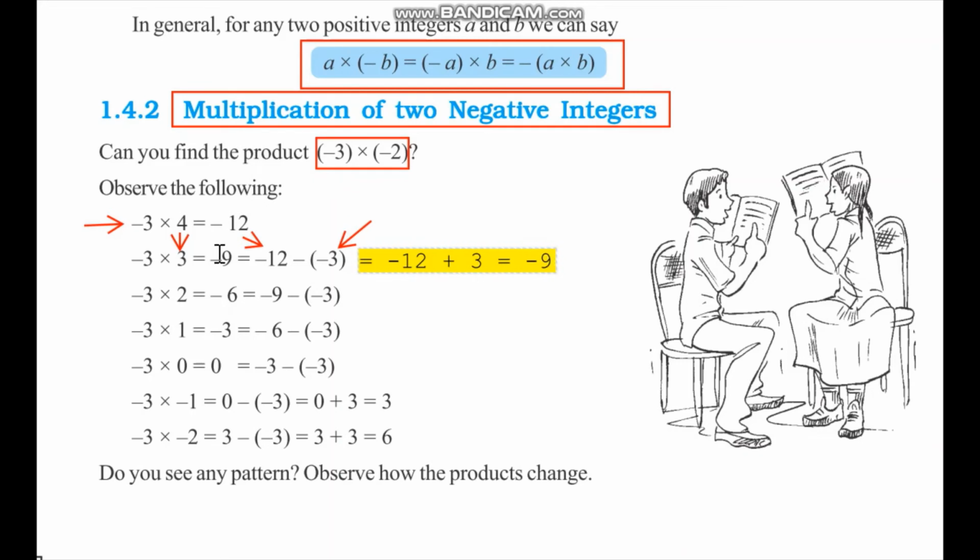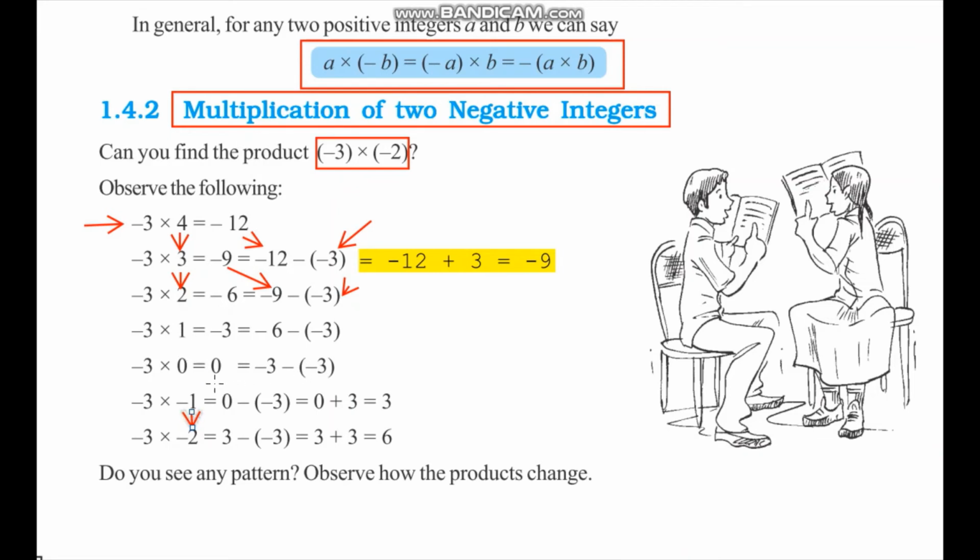Similarly, we can do the product of 2 minus 3's. We reduce this by 1, and the way we get the answer is we take this product and then subtract 1 minus 3 from it, and we are going to end up with minus 6. Similarly, let us go on doing until we get minus 2 minus 3's. If we do it for 0 minus 3's, we are going to have 0.